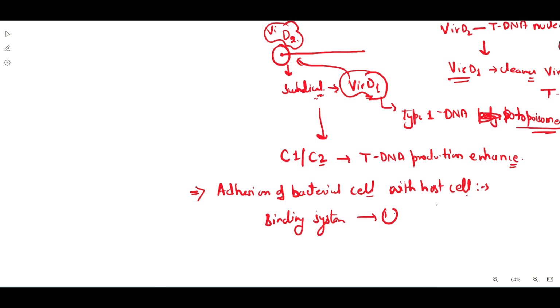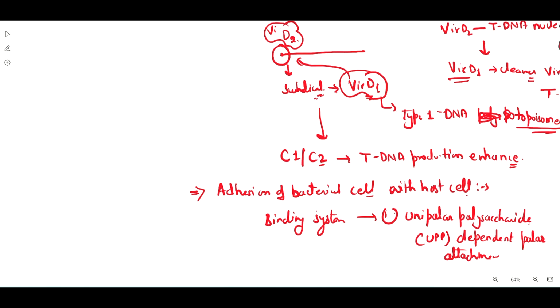First one here is your unipolar polysaccharide, which is also known as UPP, dependent polar attachment between bacterial cell and host cell, right?